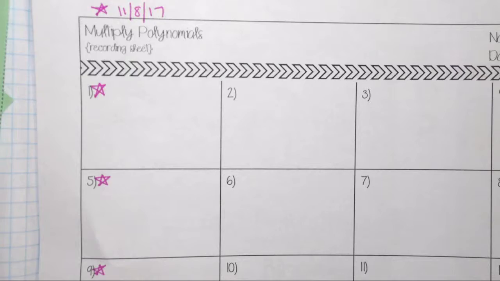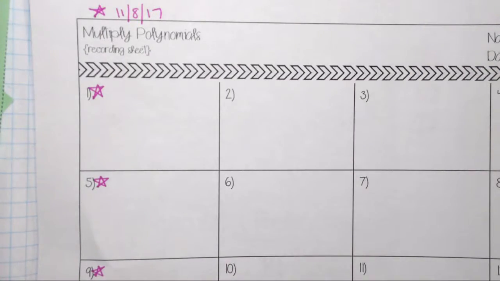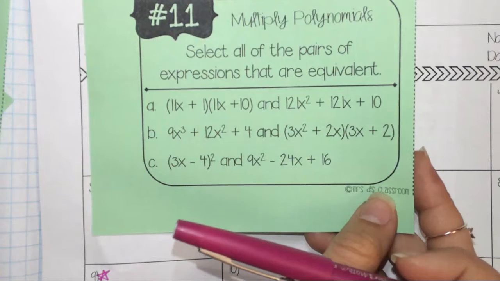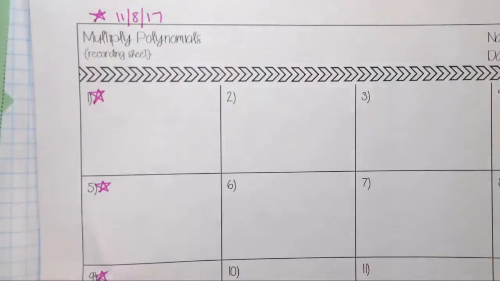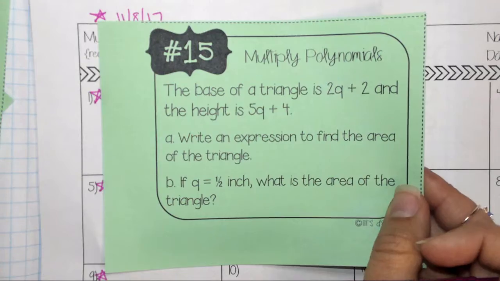What about this one? Nope, can't do that one because that's a binomial. We haven't done this yet. We're getting to it though.